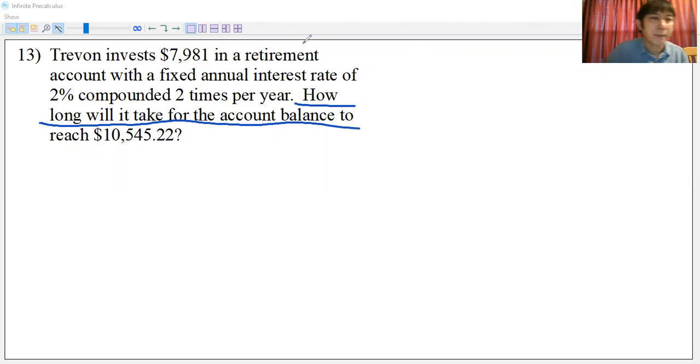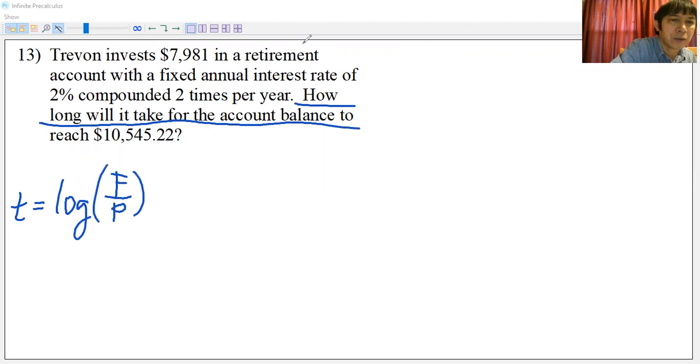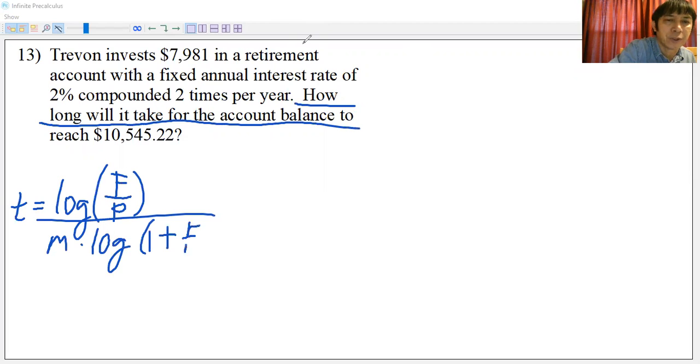Same formula. T is equal to logarithm of F over P, over M times logarithm of 1 plus R over M. All right, let's get the data. Amount invested is P, that will be 7981.